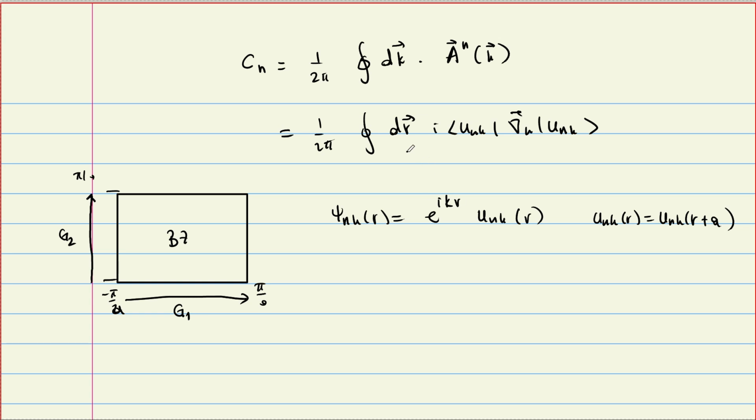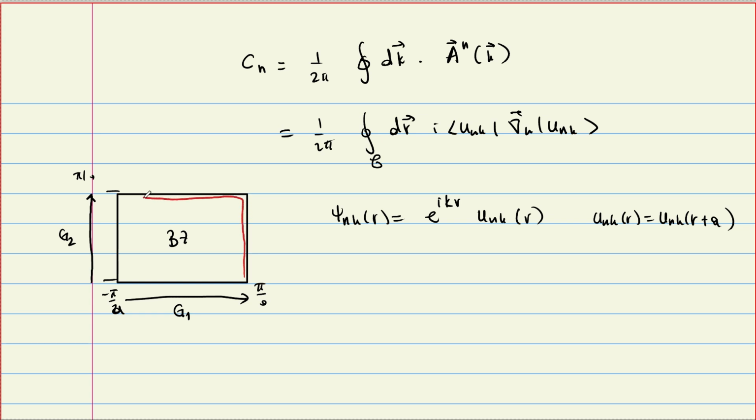And now I also need to specify, I need to choose a contour, right? There's some contour, let me call it C, but this is a different C. Let me write it like curly C. And for this contour, I need to enclose, right? This is an integral over the whole Brillouin zone, so the contour I'm going to choose is like this.